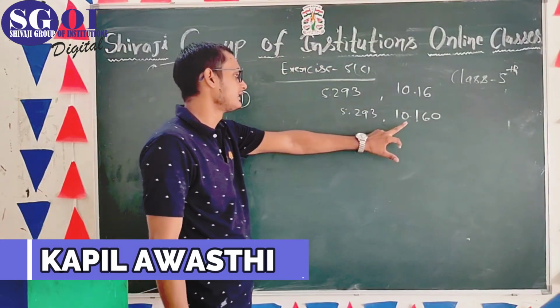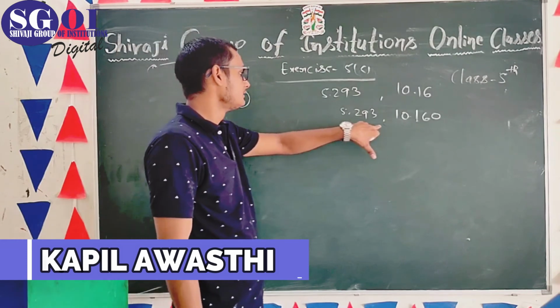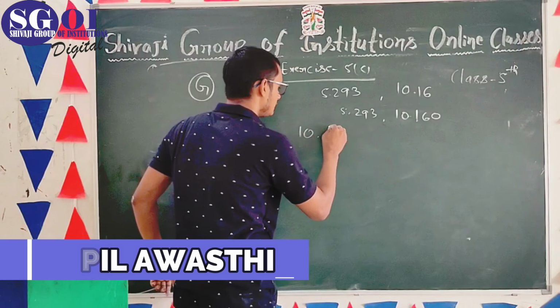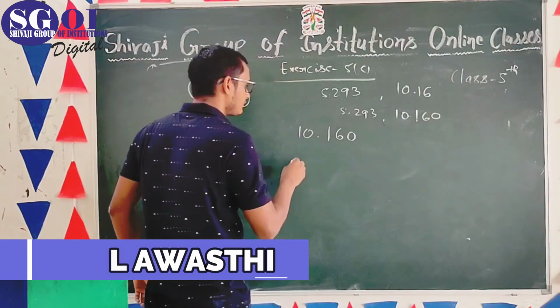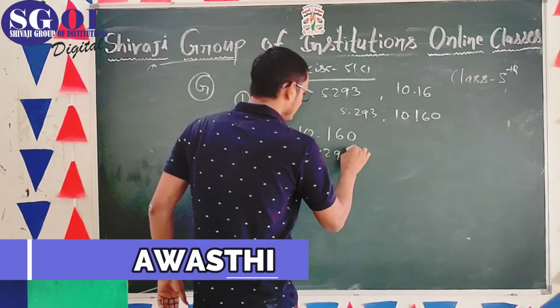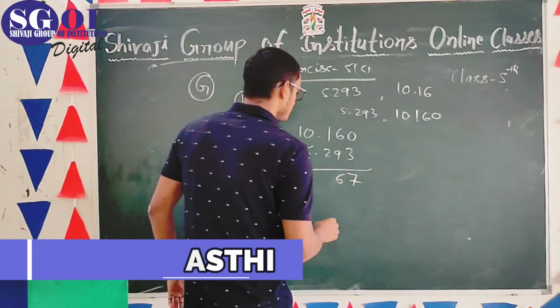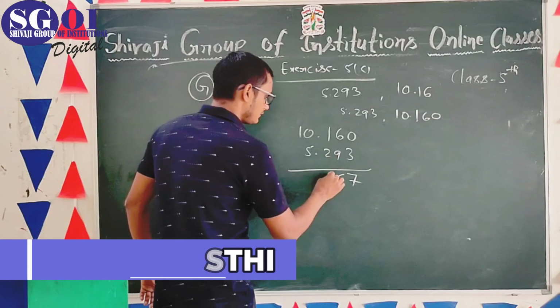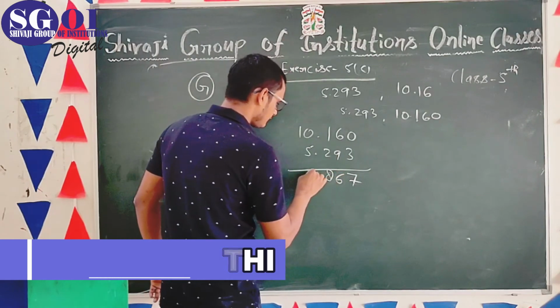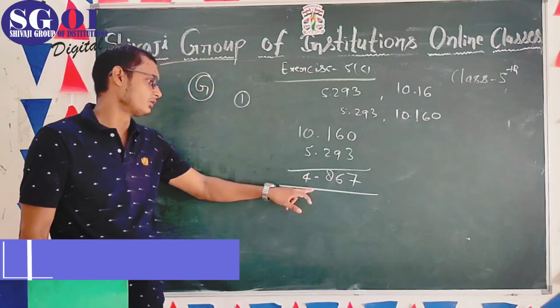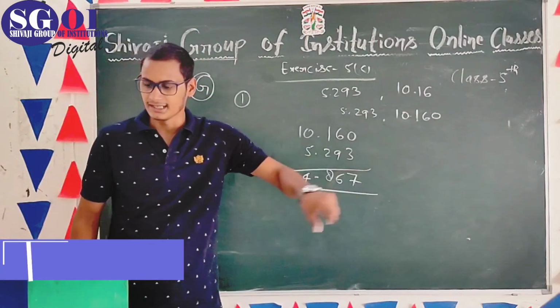Now subtract the smaller number from the greater number. 10.160 minus 5.293: 7, 6, 8, 4. 4.867 is the right answer.